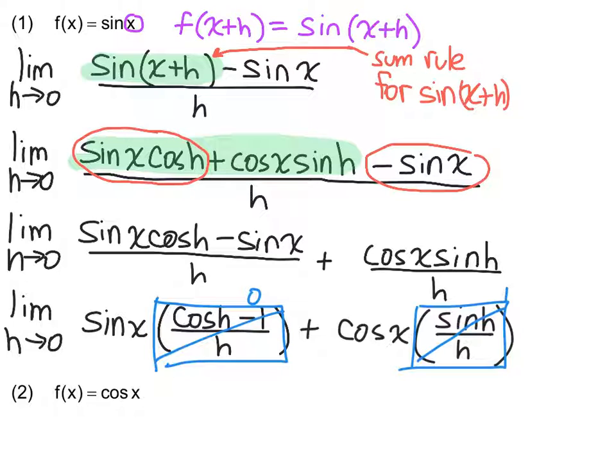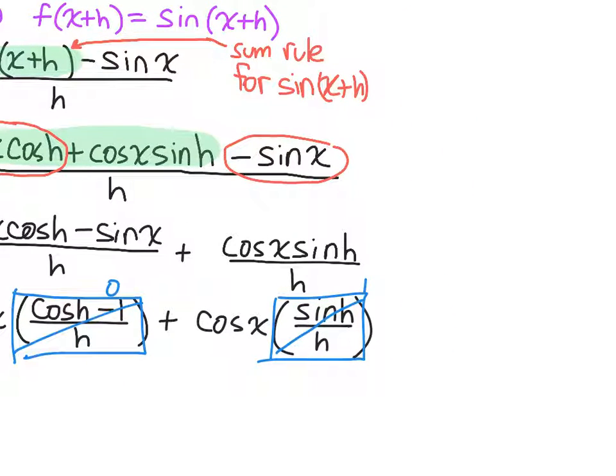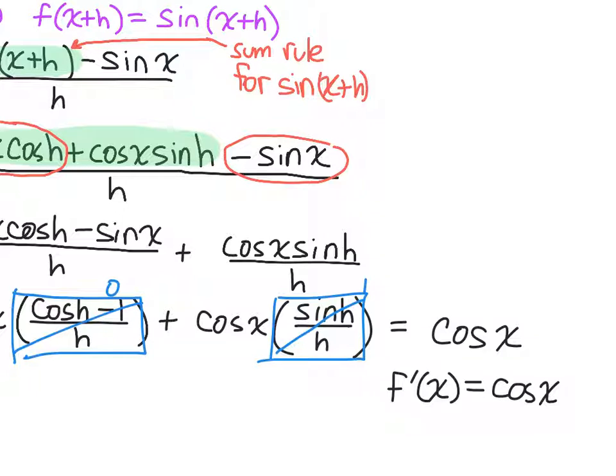So by actively applying the limit here, all I'm left with is a 0 times sine, that goes away, plus 1 times cosine, and what we just discovered is that the derivative of the sine function is the cosine function. So f prime of x is equal to cosine of x.